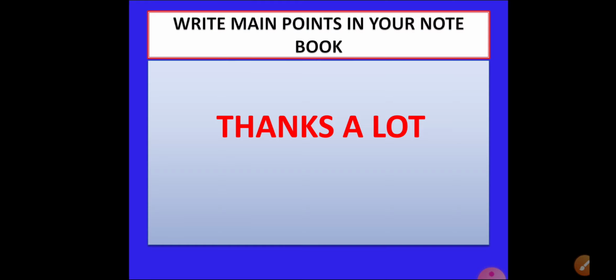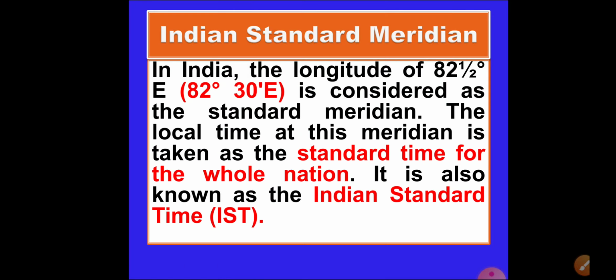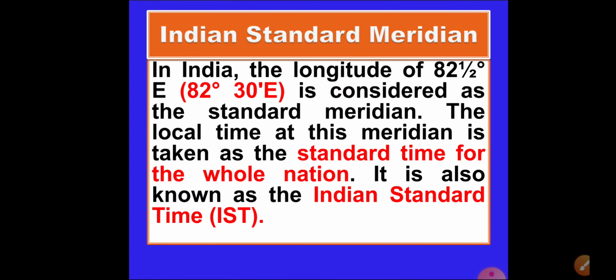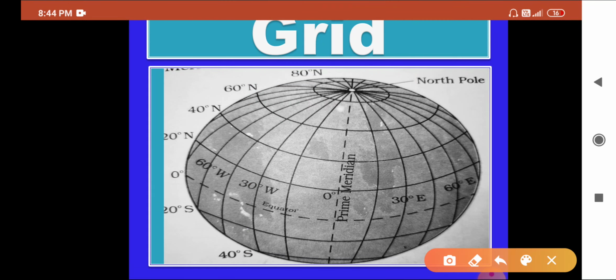Here let me recapitulate the major difference between these two points, latitudes and longitudes. That latitudes are the parallel lines to each other, they run horizontally. Here you can see these are the latitudes which are going horizontally.